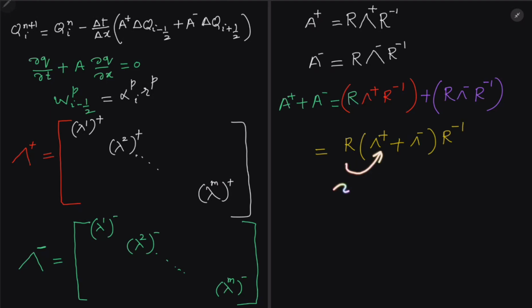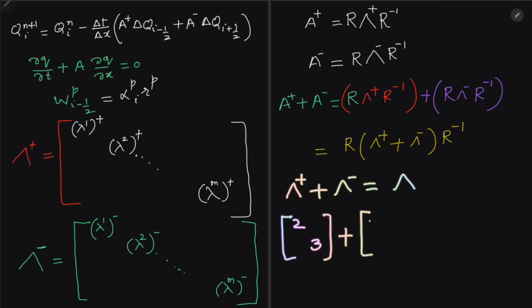If I multiply this R with omega and R inverse on the right, it is equivalent to the above expressions. And from here, suppose this omega plus and omega minus together give omega. Suppose we have some eigenvalues positive and some negative.